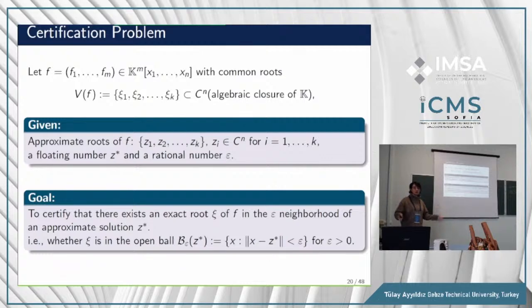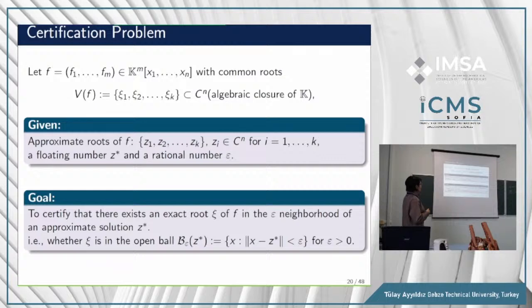So you solve the polynomial system, you are given some numbers as solution, and you want to certify them, or you can have different purposes. These are floating point numbers because they are the results of numerical computations. And let's say z star is one of them.